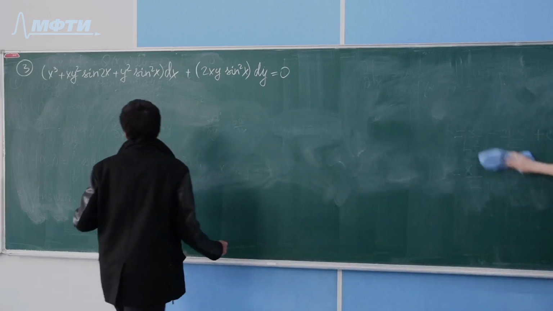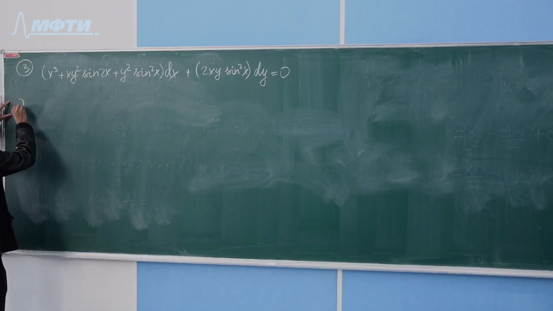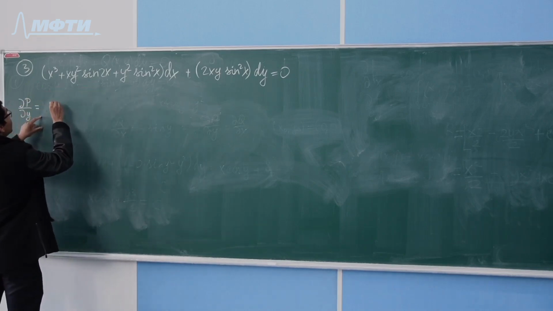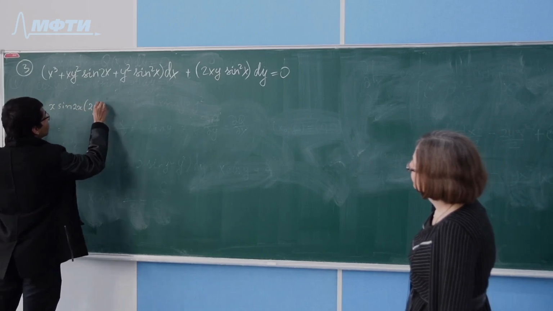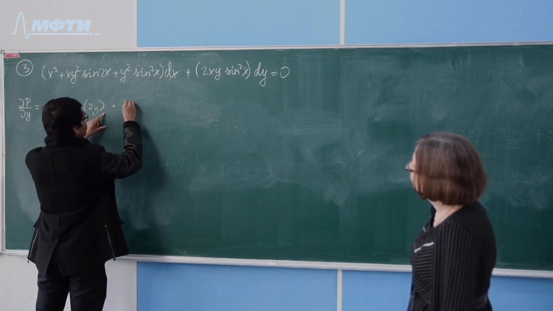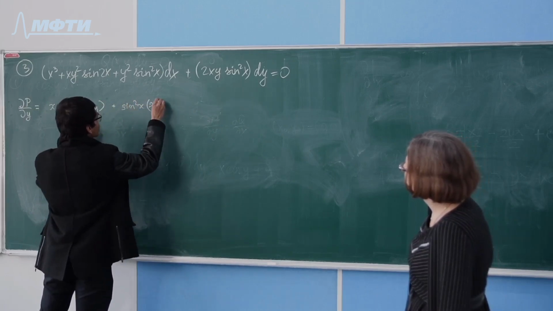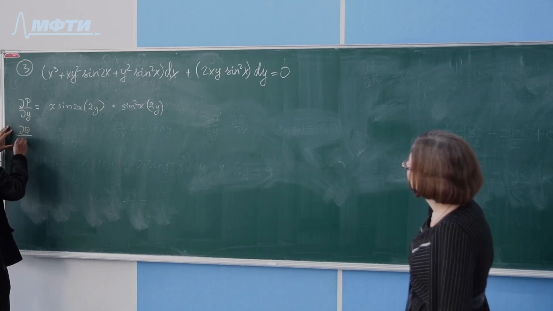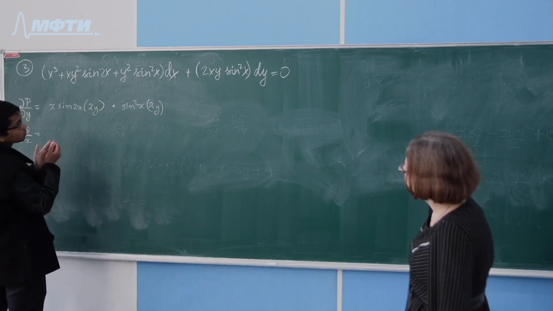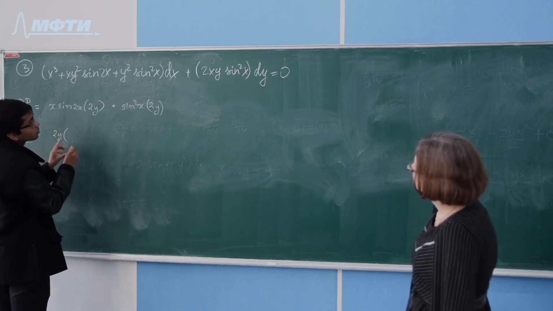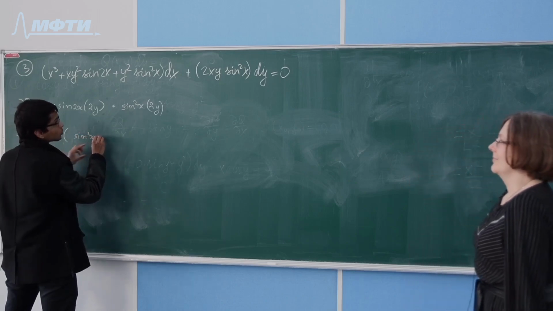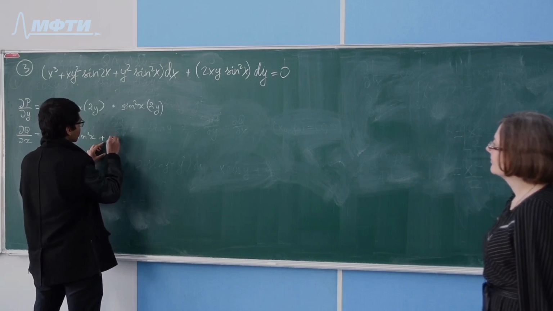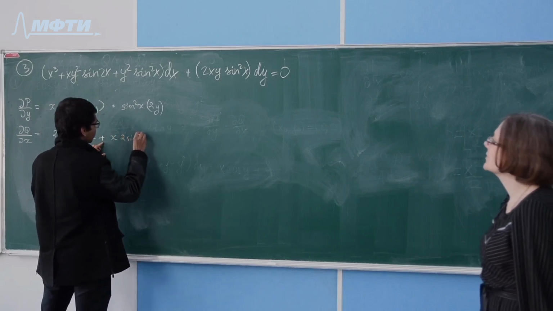Take the chalk. 2y is a constant, so I see.